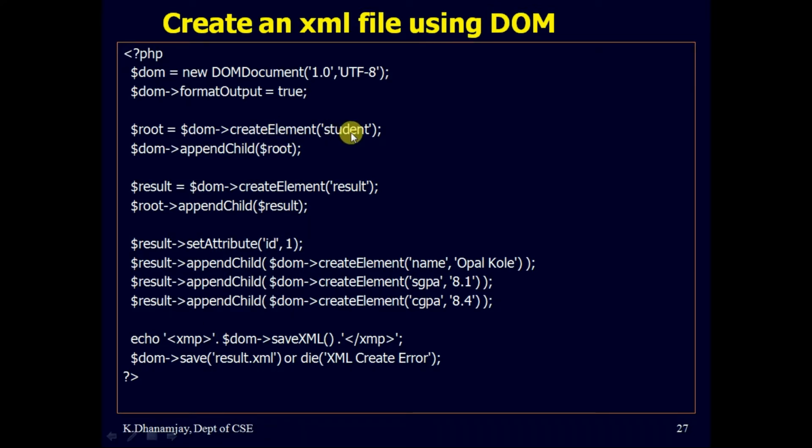So student is the root element, and then you have to append this student element, the root element you created, to the DOM. So DOM append child, that is append child for root. Whatever you take, you have to append with the previous one. And we created another variable, that is called result.